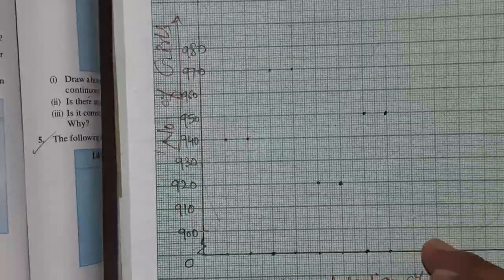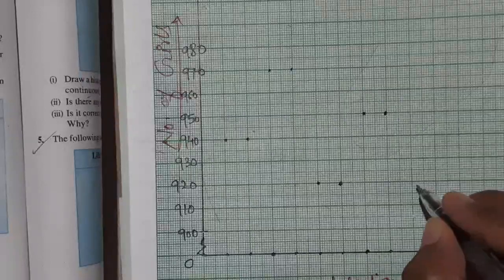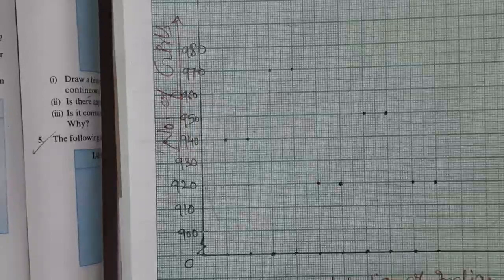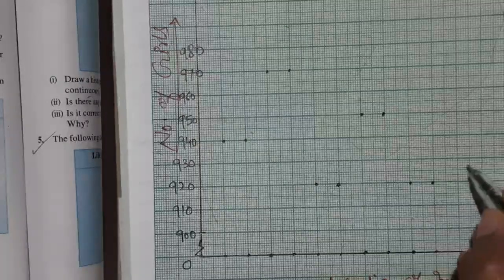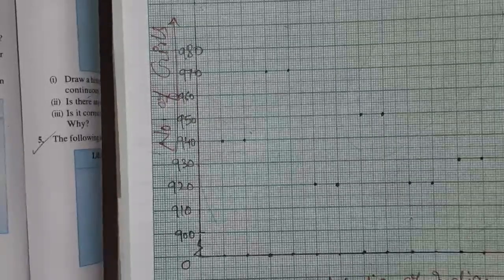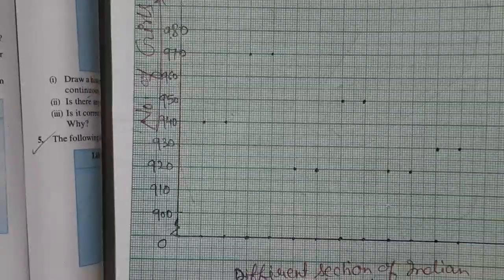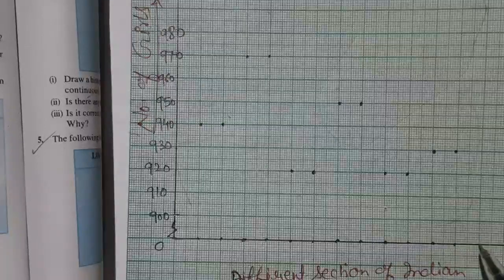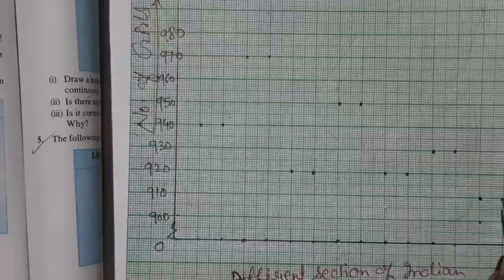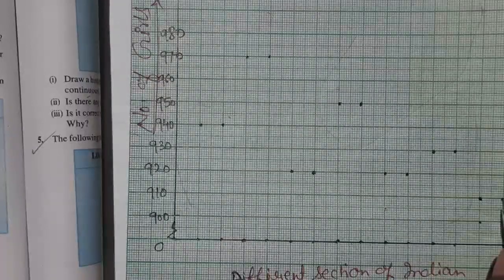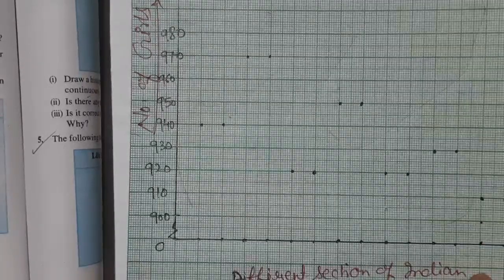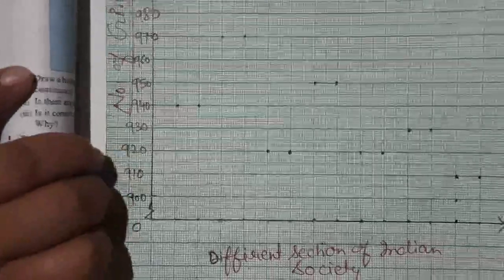Next is 920 again. Then 930. 930 for the non-backward rural, then urban 910. Okay, so now we have to draw 910.